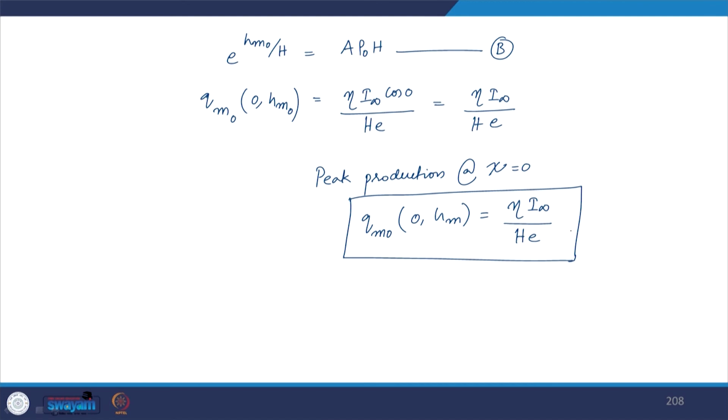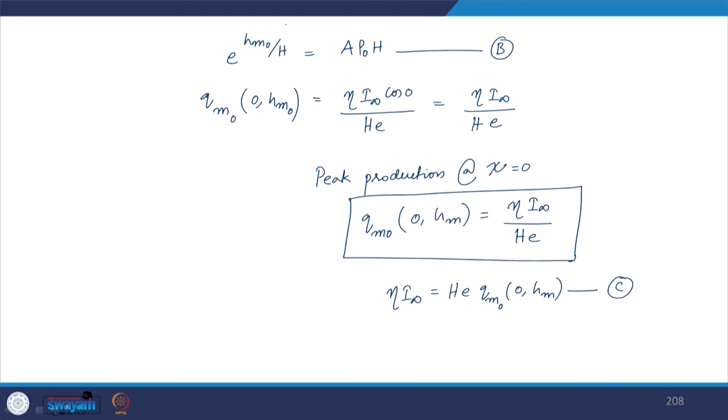You can rewrite this equation: eta I infinity is h times exponential into Qm0, which is a function of 0 and Hm. Let's call this equation as C. Using C in A, where do we have A?